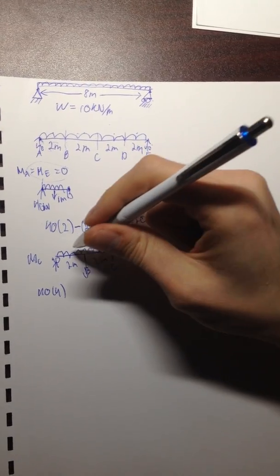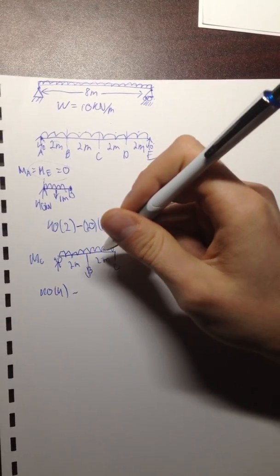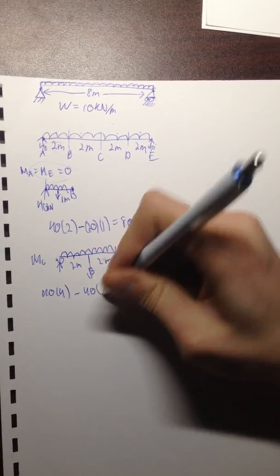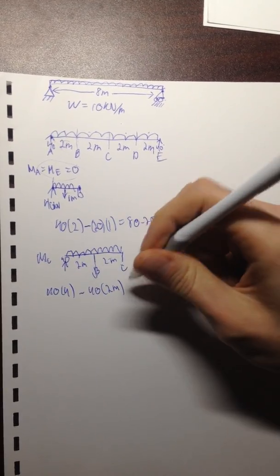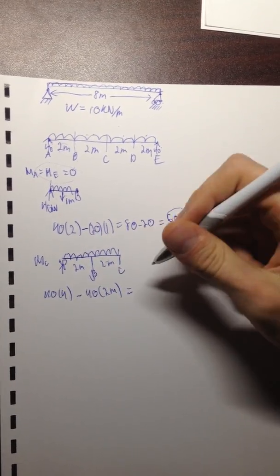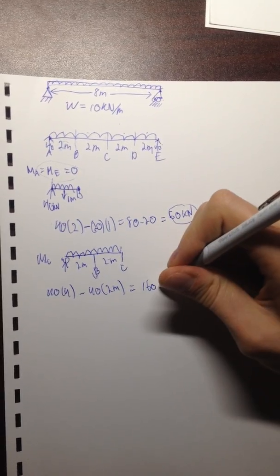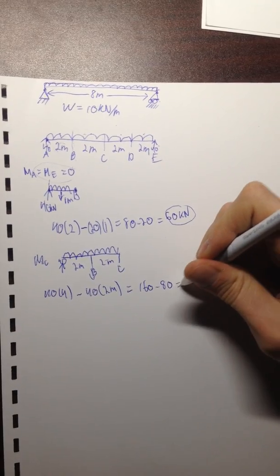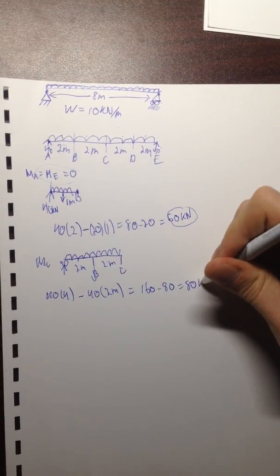So now we have 40, again in the opposite direction, 40 multiplied by the distance away from C, which is 2 meters. So now, if we calculate this out, we have 160 and we have 80. So this is going to be a moment of 80 at point C, kilonewtons.